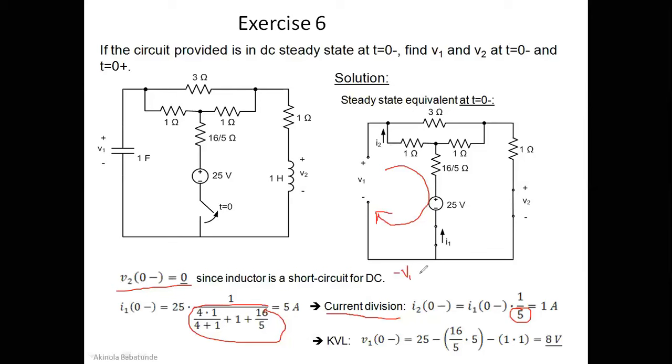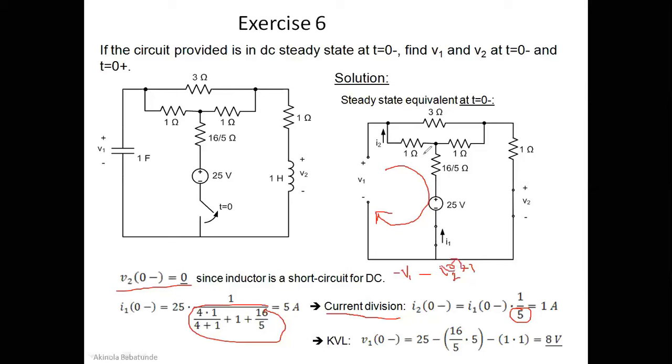So minus V1 minus I2 multiplied by 1. Then if we keep going down, this is going to be I2(0-) multiplied by 1, because we are dealing with what happened before the circuit was opened.